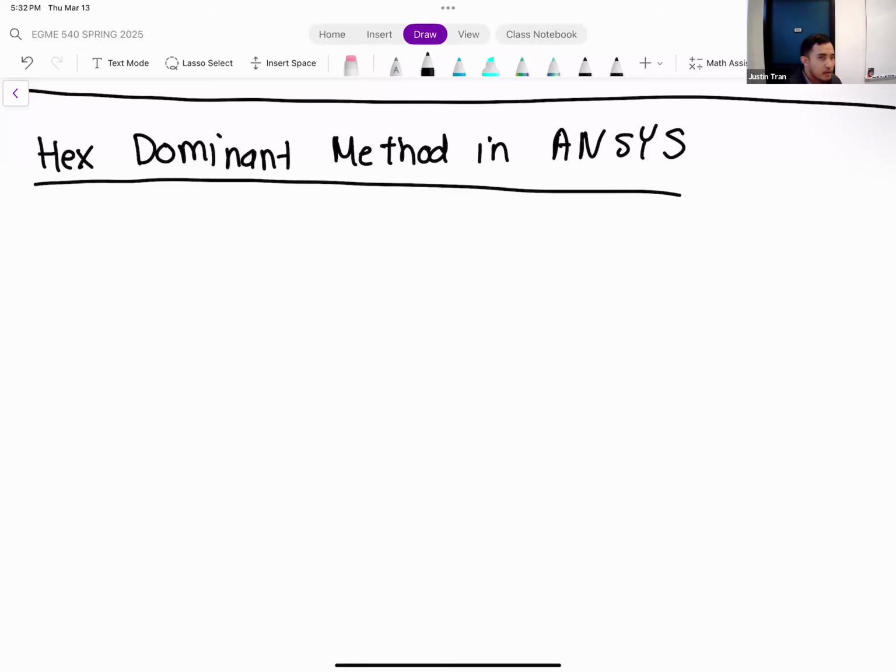Okay, so the hex dominant method is an option that should be familiar to everyone in the class. This is the primary way in which ANSYS will produce a hexahedral mesh.